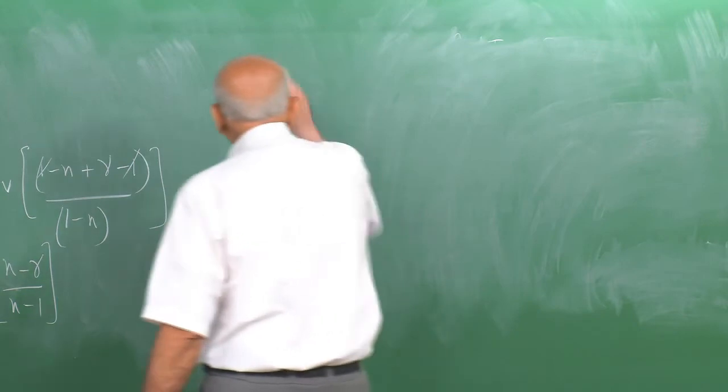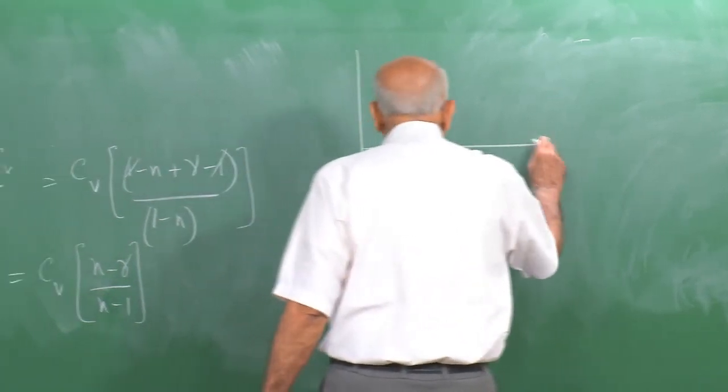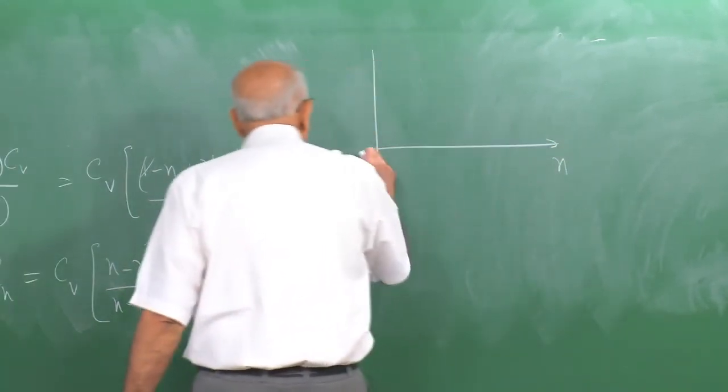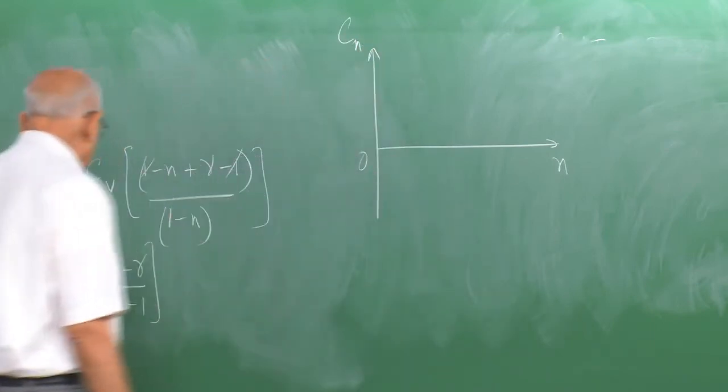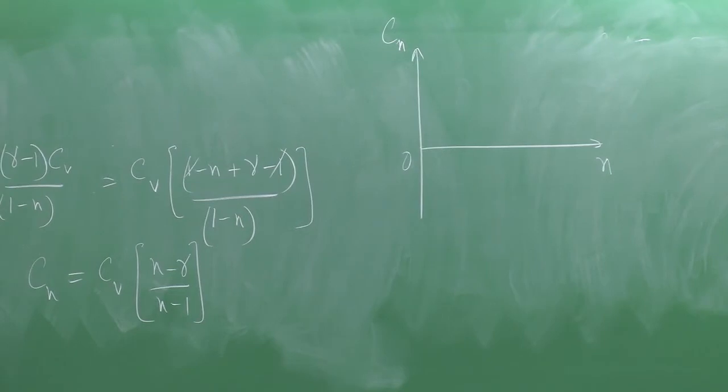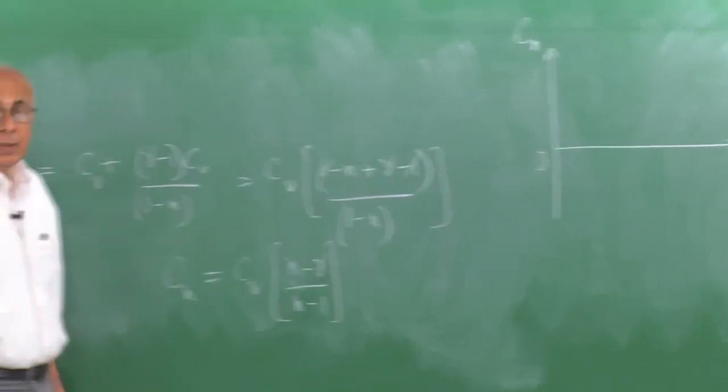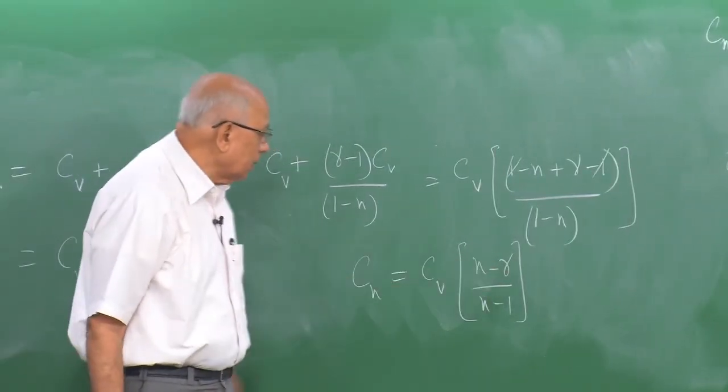So let us plot, as a function of this index n, the specific heat C sub n and see what happens. Now at n equal to gamma it vanishes, this thing vanishes here.